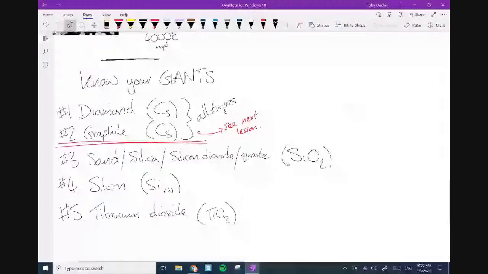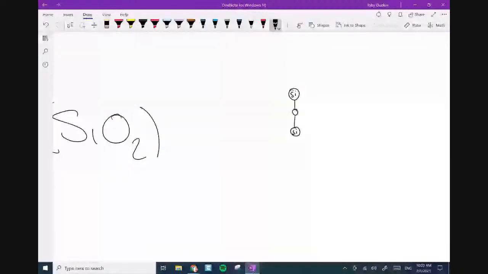In diamond, each carbon atom makes 4 bonds in this funny pyramid-like structure. In silicon dioxide, it does the same thing: silicon, oxygen, silicon, oxygen, silicon, oxygen.